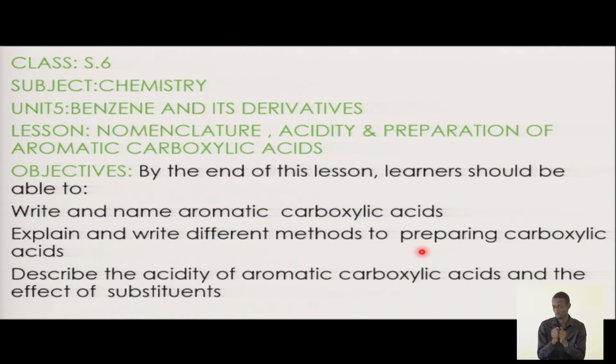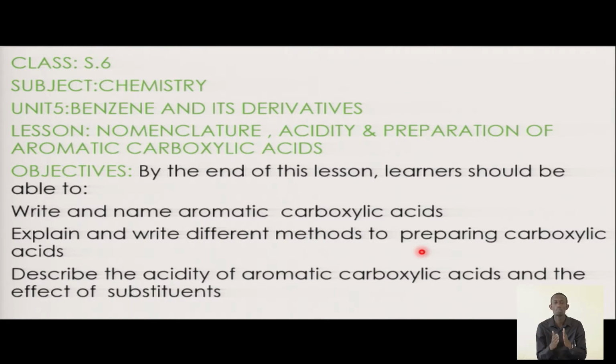By the end of this lesson, you are expected to have understood this. 1, you'll be able to write and name some aromatic carboxylic acids. 2, you'll have to explain and write some methods of preparing carboxylic acids.